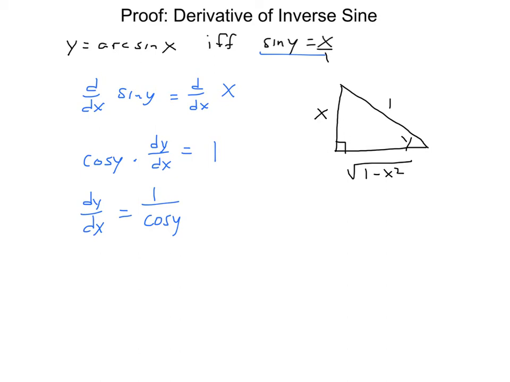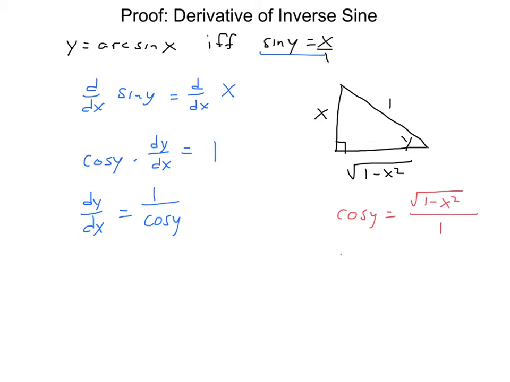And then because I now have this triangle all labeled, I know that the cosine of y is equal to the adjacent side, which is the square root of 1 minus x squared, over the hypotenuse, which is 1.